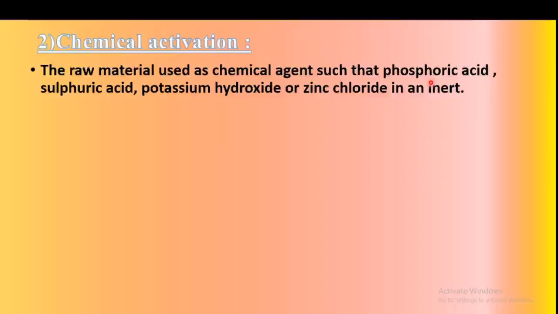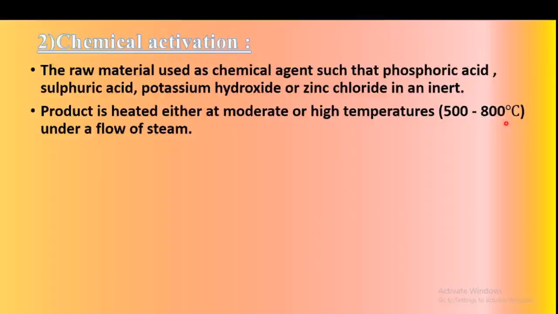The product is heated at either moderate or high temperature, about 500 to 800 degrees Celsius, under the flow of steam, and then washed with distilled water until the pH of the washed water becomes the pH of distilled water.